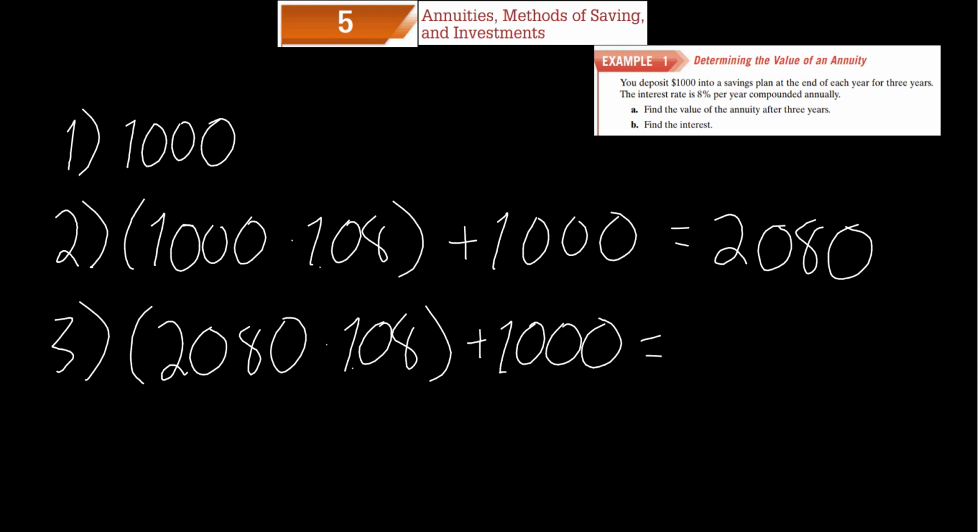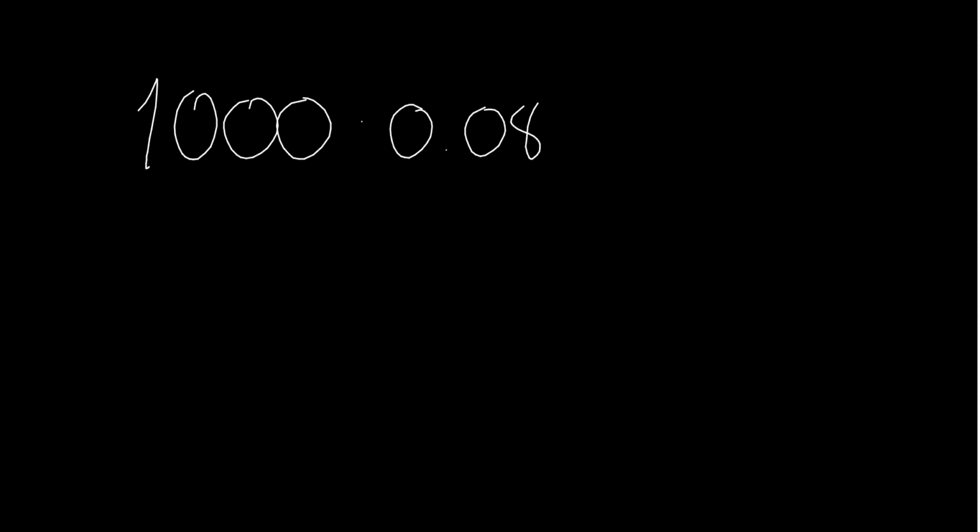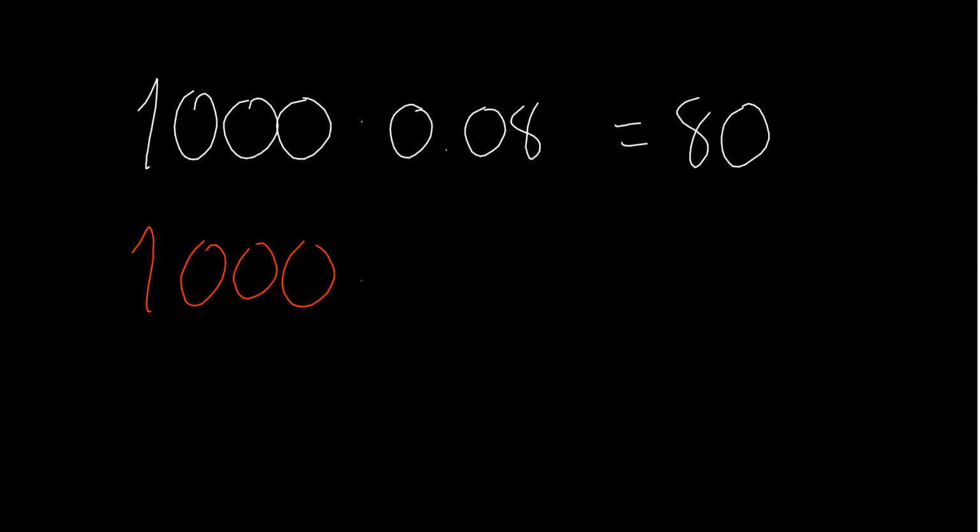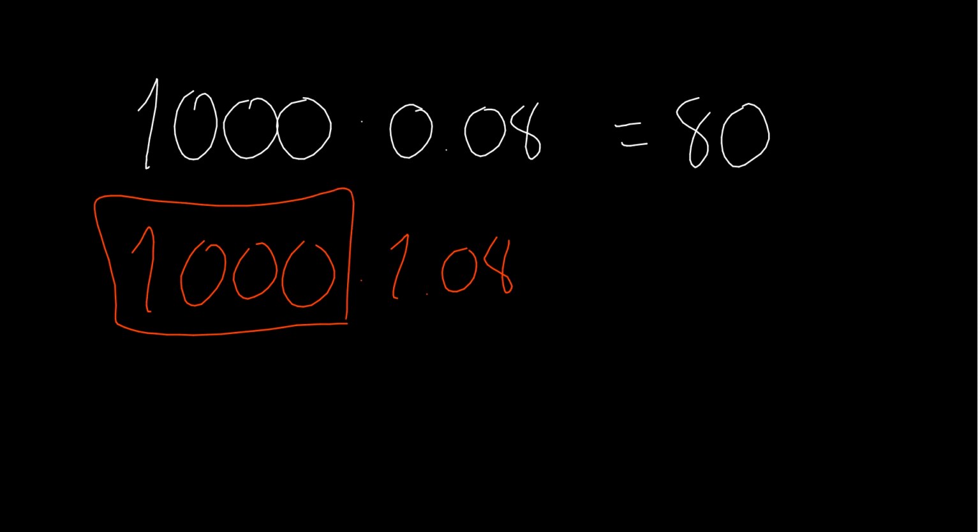If we did $1,000 times 0.08 for 8%, that would give us simply $80, because 8% of $1,000 is $80. But we're putting 1.08 to include the 1,000 in there, so that becomes 1,080.